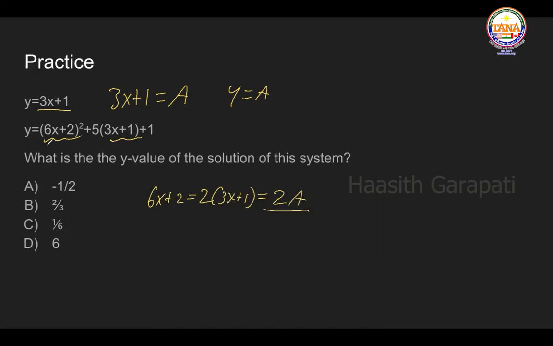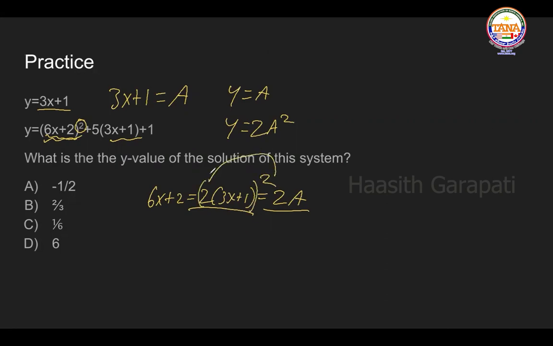What I'm afraid some of you guys might have done is you probably did y is equal to 2a squared for the first term. That's not right, because you see how the 6x plus 2 is in parentheses and it's being squared? So if you're doing 2 times 3x plus 1, this whole thing is being squared.